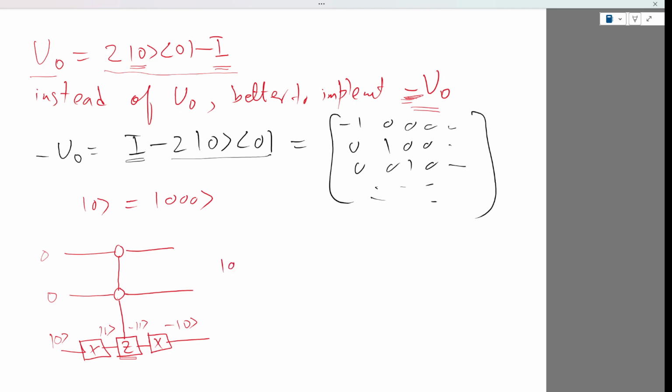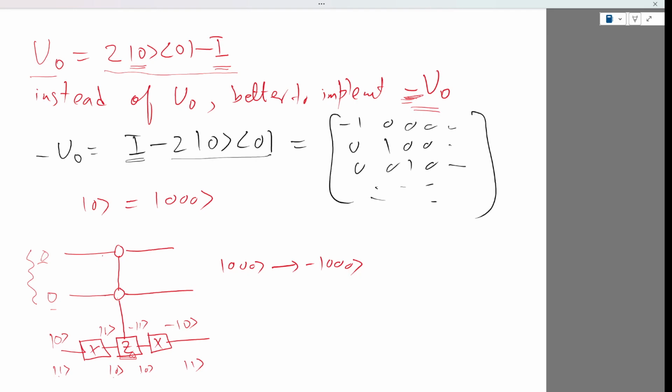So overall, the 0 0 0 state will go to -0 0 0. And for every other input, if this combination is different, then the Z gate will not be activated, so no phase. And if this is 0 0 but 1 comes here, then this 1 becomes 0, and the Z gate will convert 0 into 0, no minus sign, and then this 0 will be converted to 1.